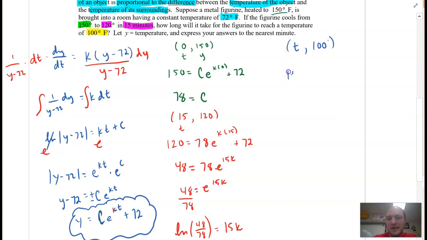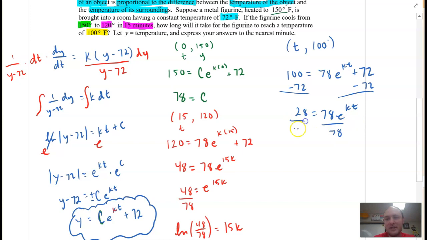Okay, so I'm going to say 100 degrees is equal to 78 times e to the power of kt plus 72, right? We know that k is that number that we just solved for. Okay, so we'll subtract both sides by 72, and we get 28 is equal to 78 e to the power of kt.